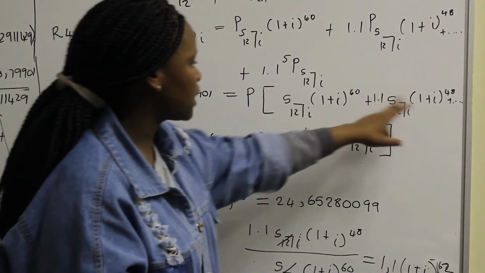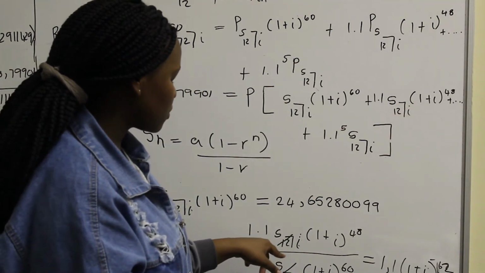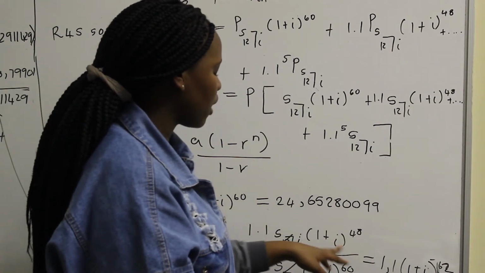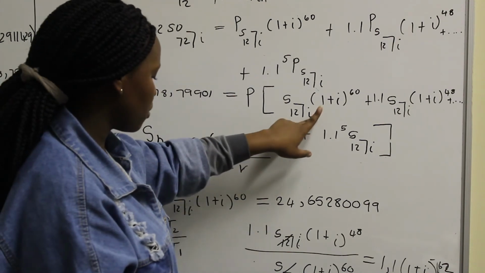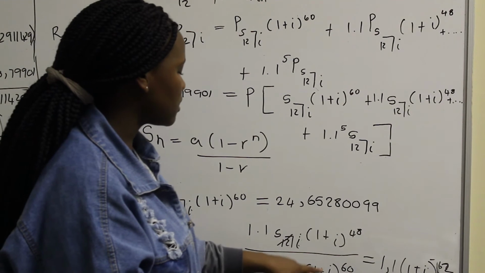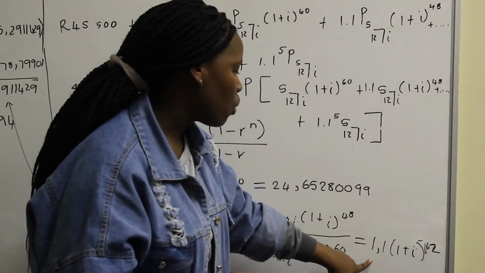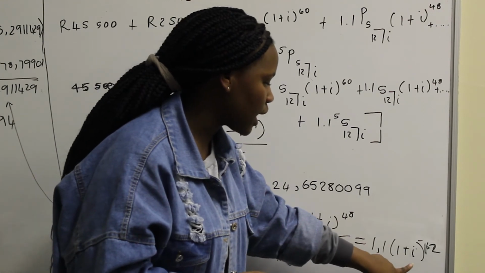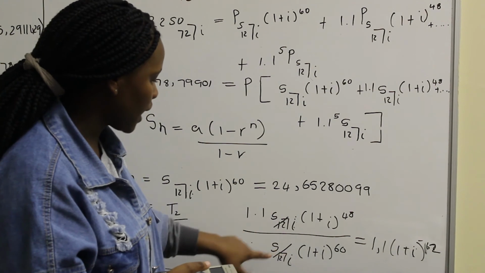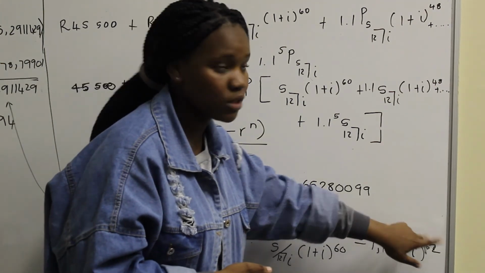So the second term, which is 1.1 times s angle 12 at i, plus (1 plus i) to the power of 48, over the first term, which is s angle 12 at i, plus (1 plus i) to the power of 60, is equal to 1.1 times (1 plus i) to the power of minus 12, because these two cancel out and 48 minus 60 gives you minus 12.